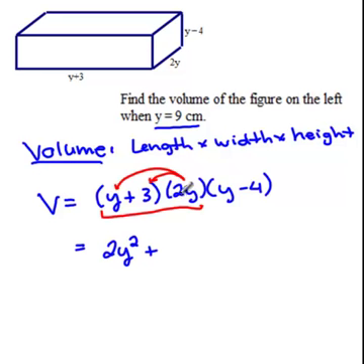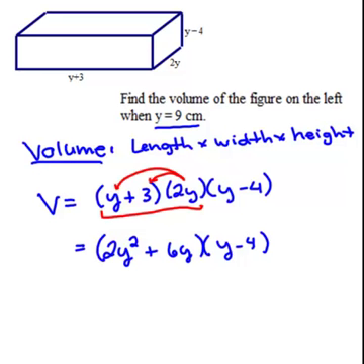And so 2 times y times 3 is going to be 6y. So that's our first product. I'm going to go ahead and just bring down the y minus 4 because I haven't done anything with that yet, so I don't want to forget it.